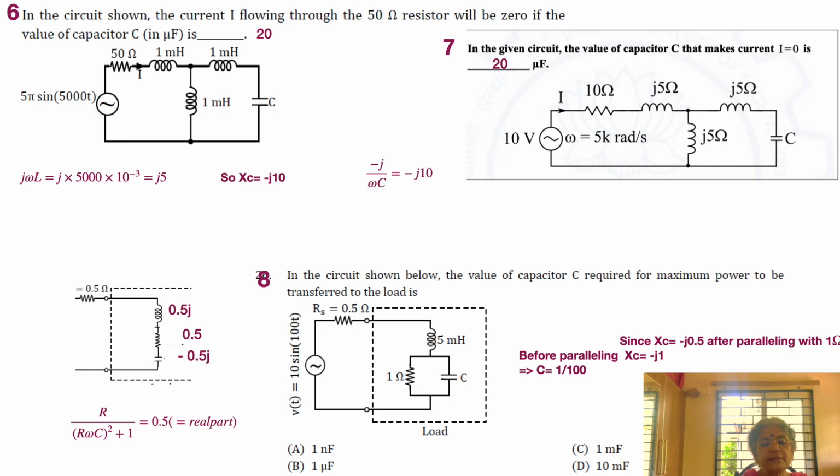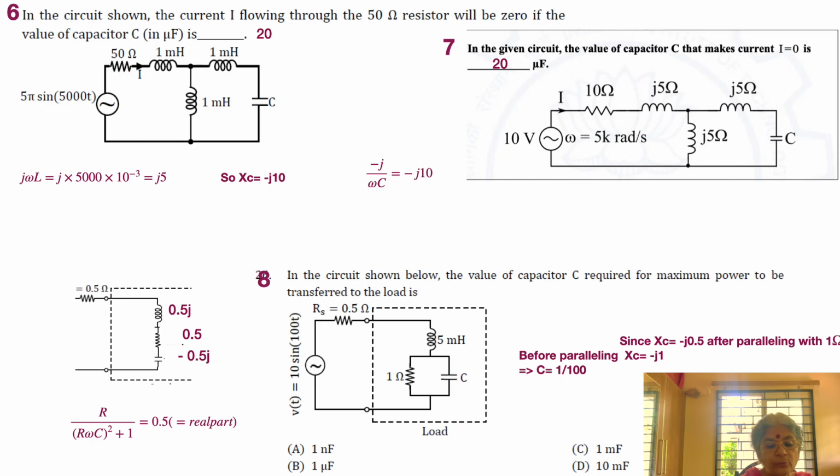Okay, so this is interesting because now we need to have a maximum power transfer to the capacitance. Okay, and we need to find out the value of the capacitance. Let's look, remember the maximum power transfer theorem, which says that if maximum power has to be transferred to the circuit here, it should be equal to the Thevenin's impedance.